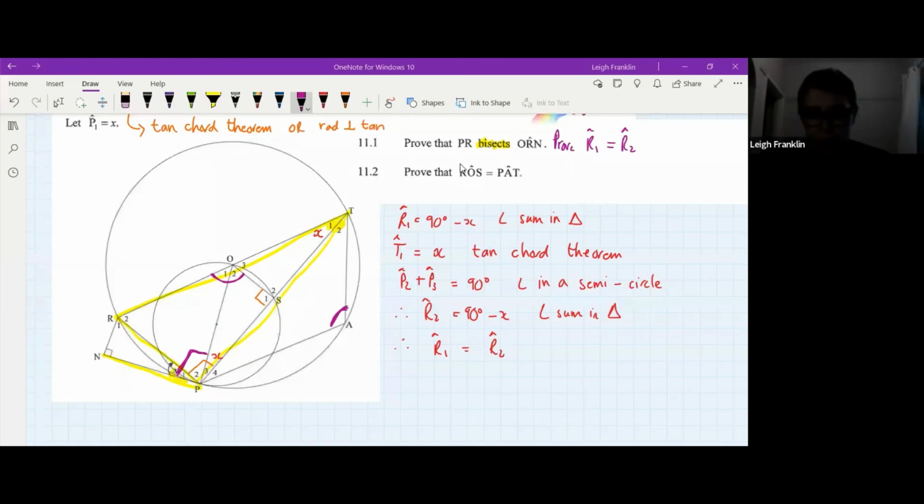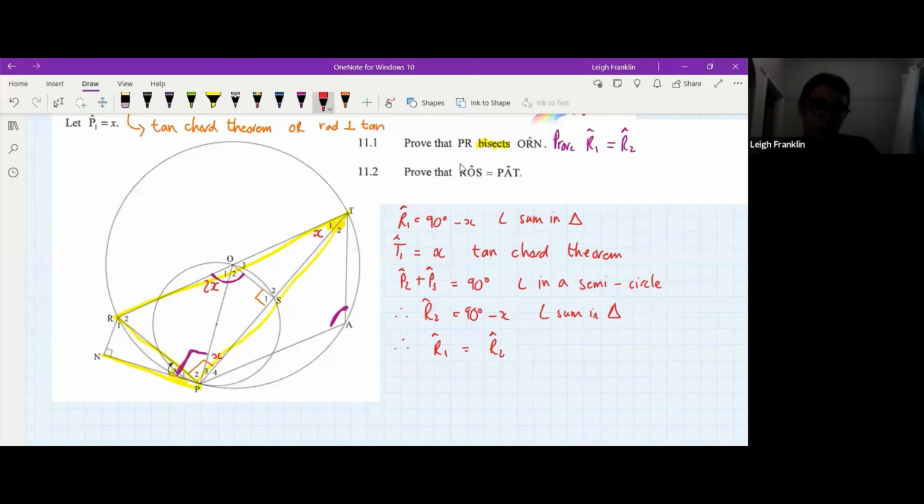This is what I would do. In the big circle, we can see that we have T1 at the circumference, which means that O1 has to be equal to 2x because of angle at center is twice angle at circumference. That's the first thing that we need to establish.